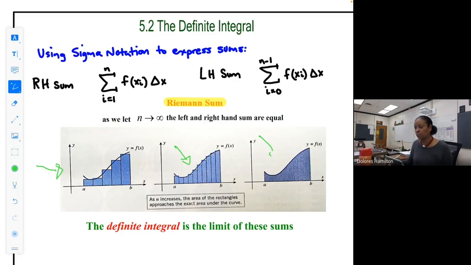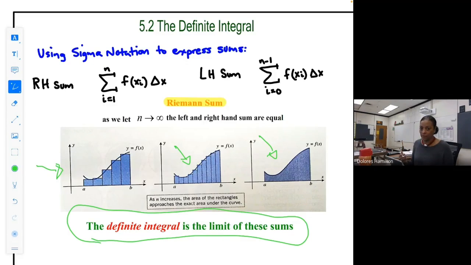And look at this one. Good grief, that is really good. So what if instead of my n being 10, 20, 2,000, what if we let our number of rectangles approach infinity? Oh my gosh. So here comes our definite integral.